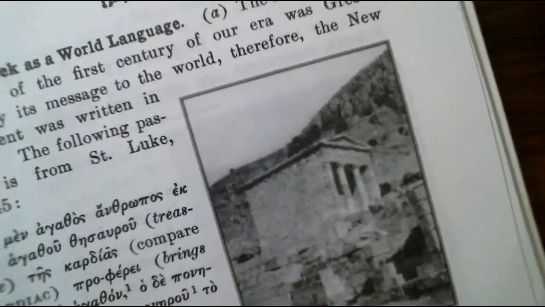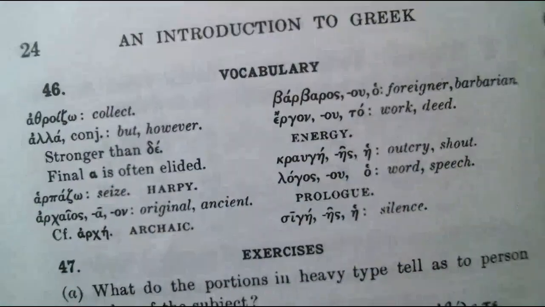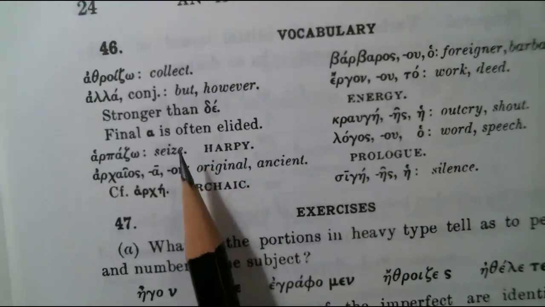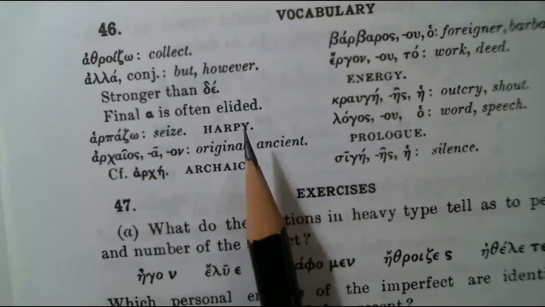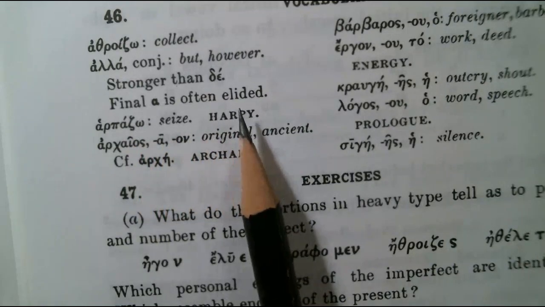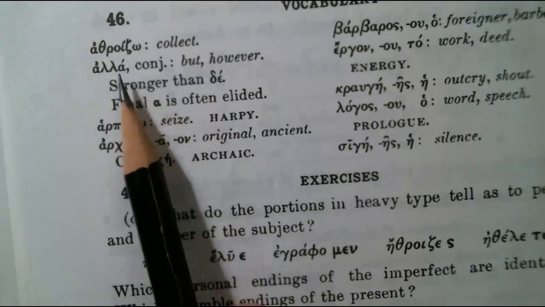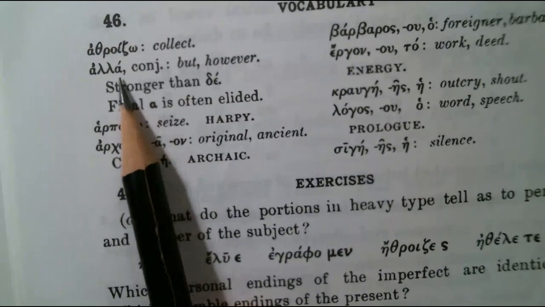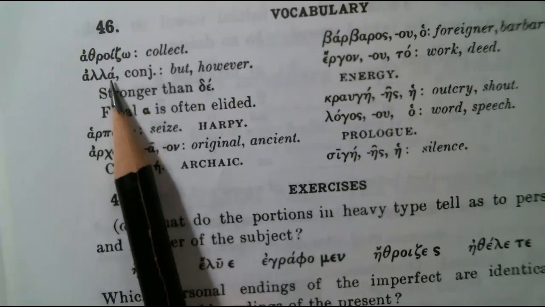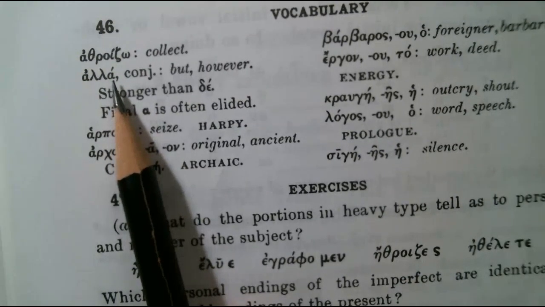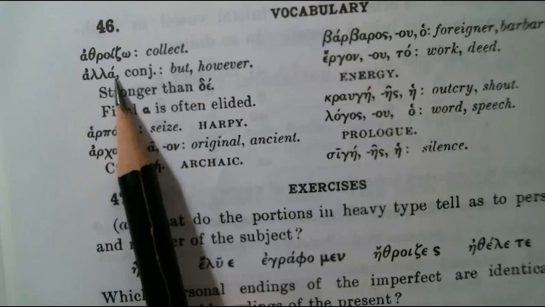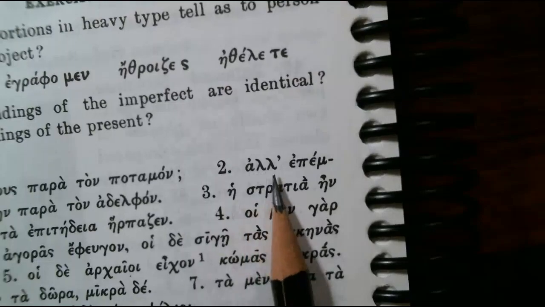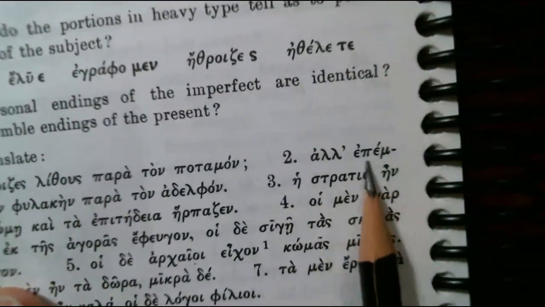Okay, so let's take a look at the vocab, see if there's anything weird there. Okay, final alpha is often elided. What that means is they're talking about the final alpha on alla. And elided means it drops out if the next word starts with a vowel. So that's what that means. An example of that I give you right here is all' empempeman.